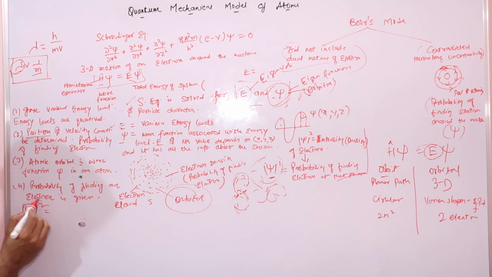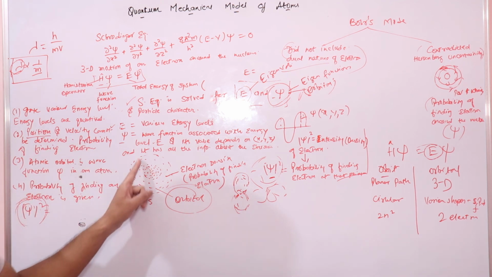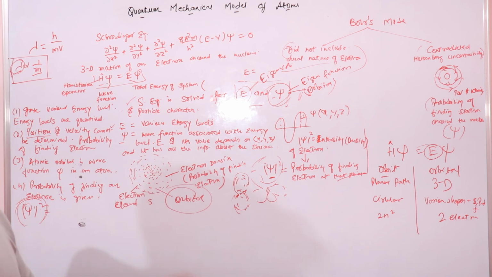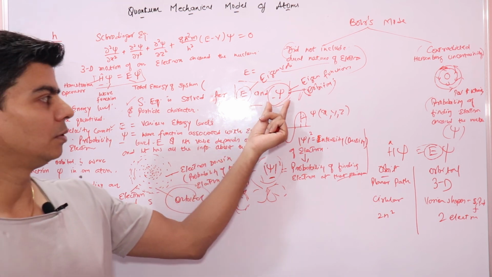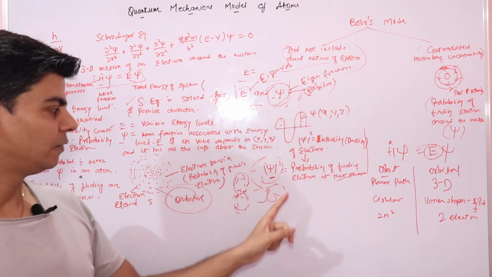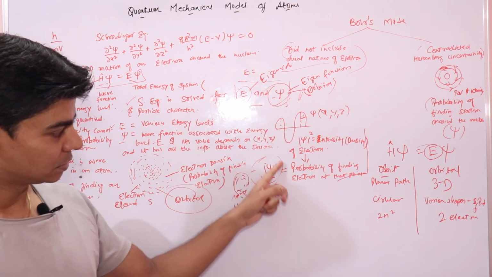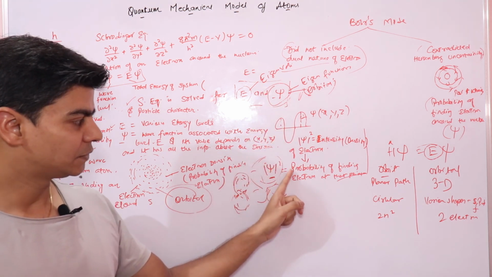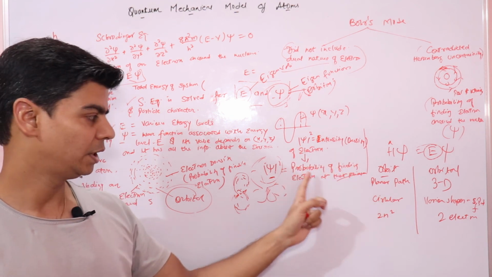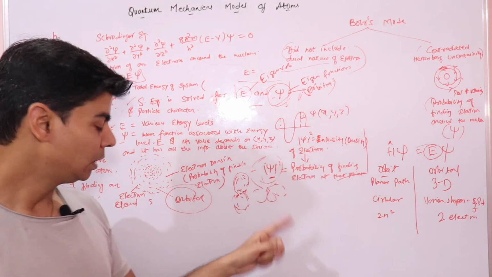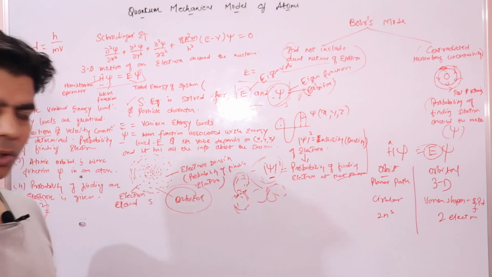If you construct the probability around the nucleus, what you get is an orbital. That is why we say psi is an orbital: using this psi we find psi square, which gives the probability of finding an electron, and using psi square we construct what we call the atomic orbital.